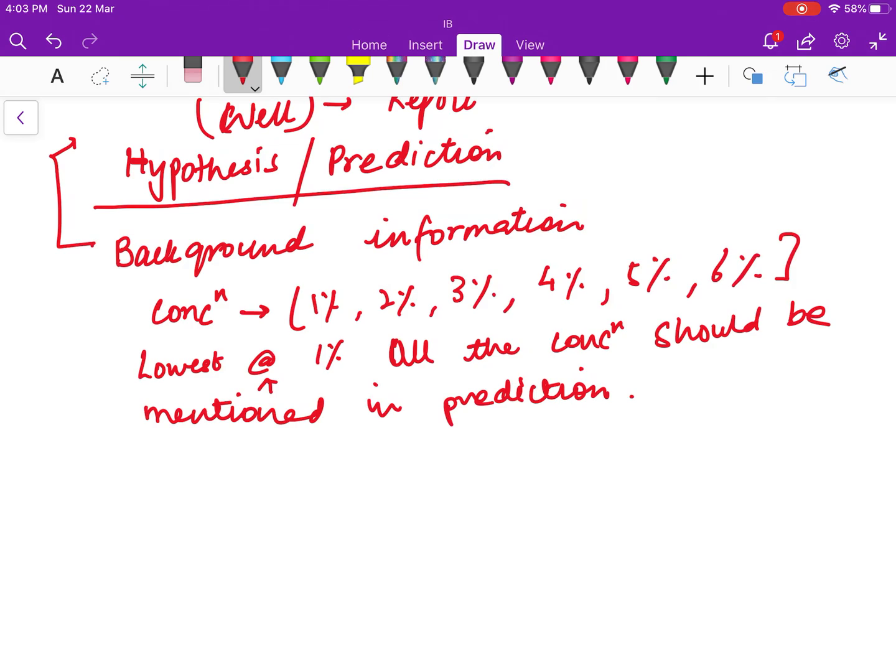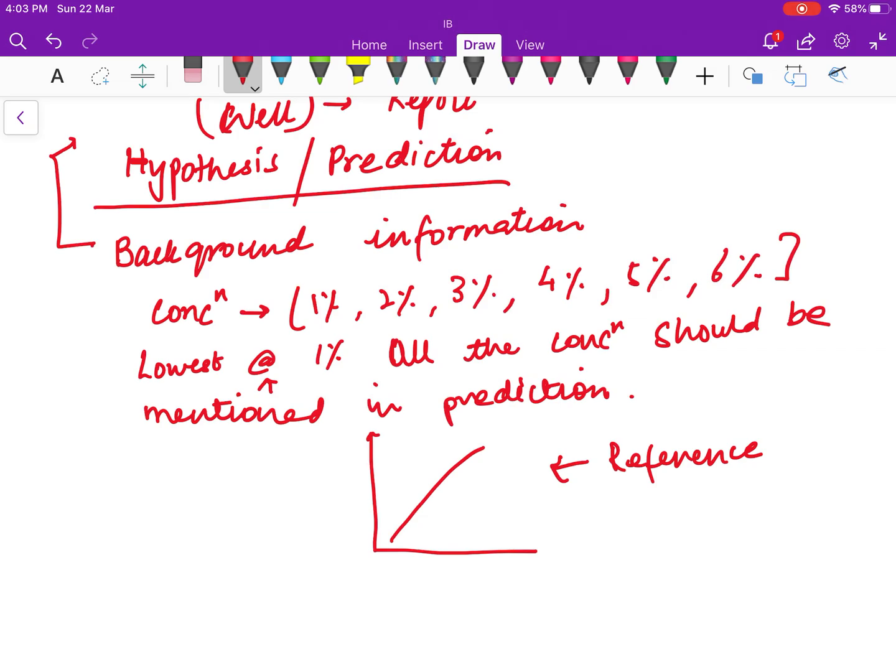Now, the predicted graph. If I'm making a predicted graph, I should reference it. For example, if it is a simple investigation of concentration or temperature, you can easily get the graph online and you can reference it.